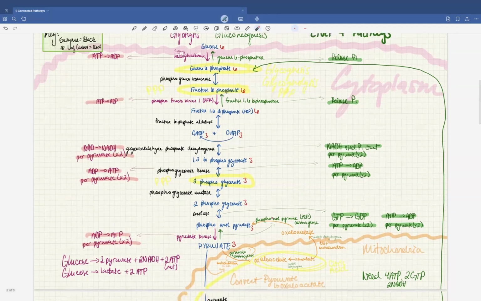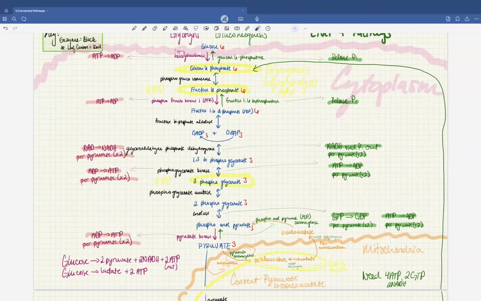So the first step to get around this irreversible step of glycolysis in gluconeogenesis is taking pyruvate into the mitochondria. This is done using the mitochondrial protein carrier. And then pyruvate carboxylase will convert pyruvate into oxaloacetate.